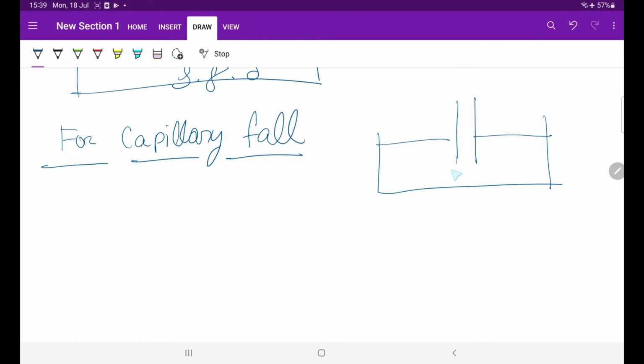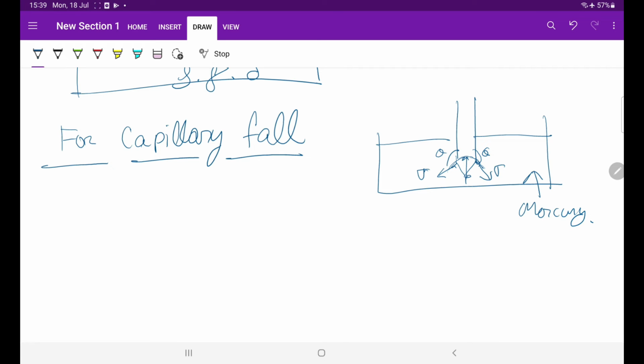The shape is actually like this, and you can see the pressure being applied here is like this. Theta obviously will be like this, theta will not be 0 here, and along this segment sigma, the surface tension, will act. This is the mercury, you have to write mercury.